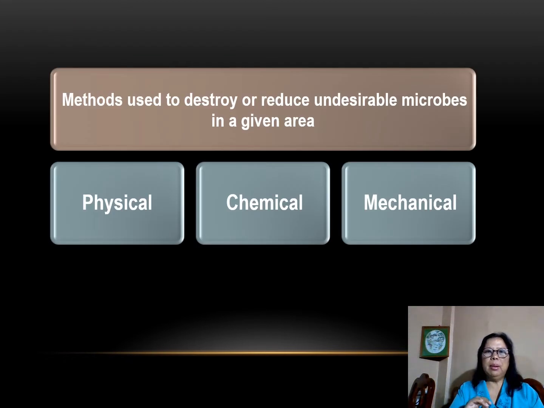There are different methods to destroy or reduce the growth of microorganisms in a certain area. It could be physical, it could be chemical, or it could also be mechanical.